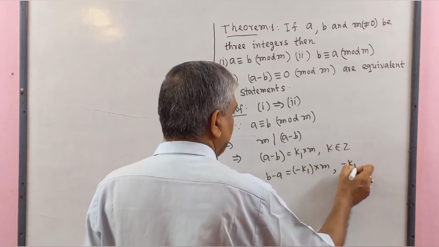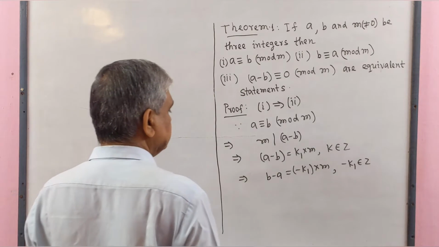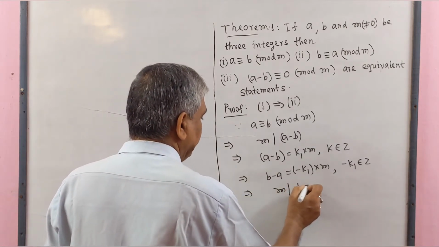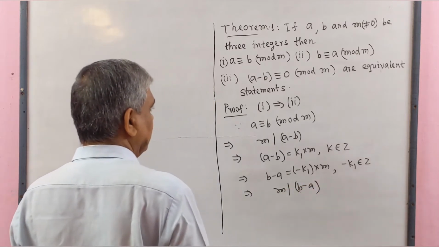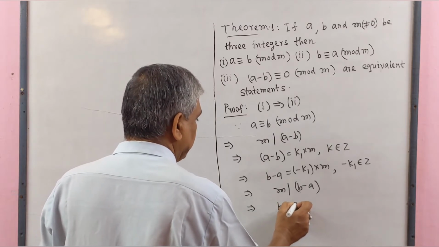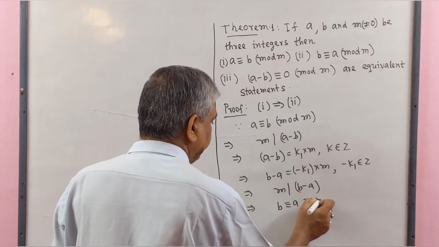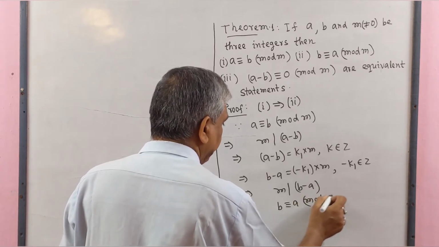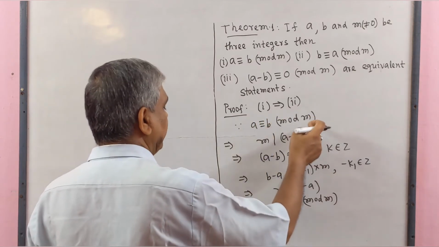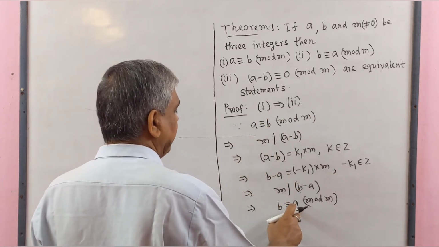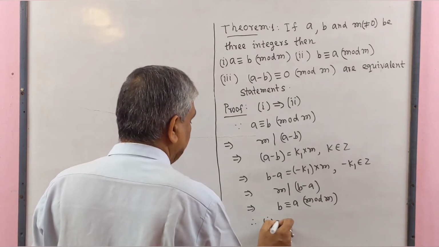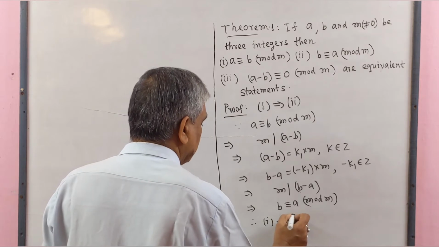Minus k1 is also an integer, which implies that m divides b minus a. That means b is congruent to a modulo m. Therefore, we have started with a congruent to b modulo m, which implies b congruent to a modulo m. Therefore, 1 implies 2. Proved.